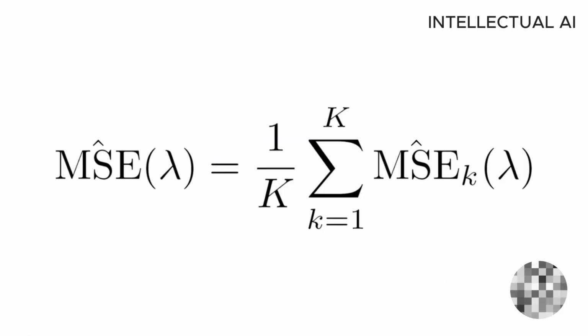Now we repeat the calculation that we just did for each of these sets, b going 1 through k, and we obtain k estimates of the MSE. Then, for our final estimate, we compute the average, given by this formula. And this gives us an estimate of our loss. A final step would be to select the lambda that minimizes the MSE.